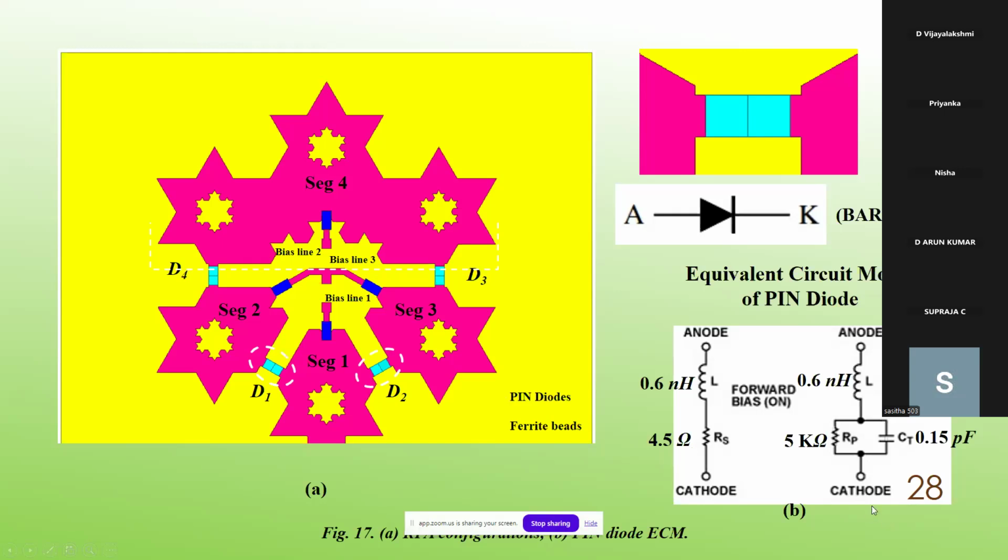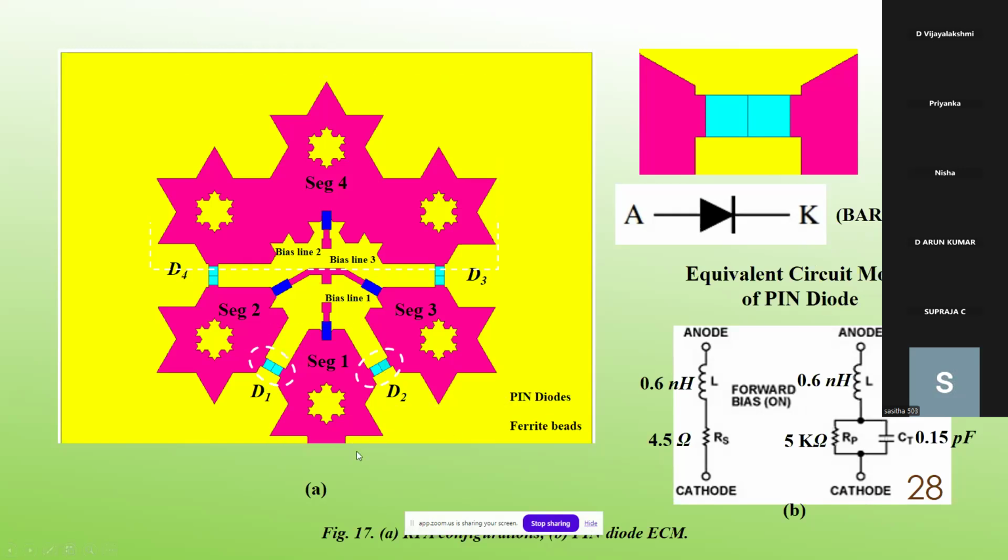Similarly, in the reverse bias case, capacitance value is 0.15 picofarad, resistor value is 5 kilo ohm, and the inductor value remains the same. The part number is BAR50. This is the number from which you will get the pin diode from the data sheet.